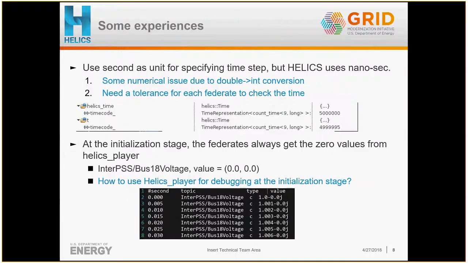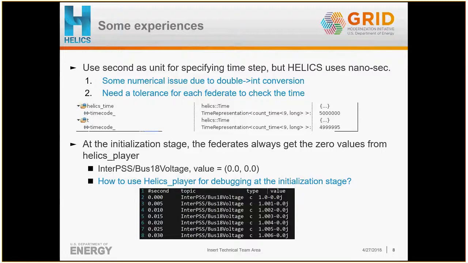And if you go back a slide, the numerical tolerance is an interesting question, particularly on the APIs. Internal to Griddyne, it uses long integer times, so that's not really an issue internal to Helix.